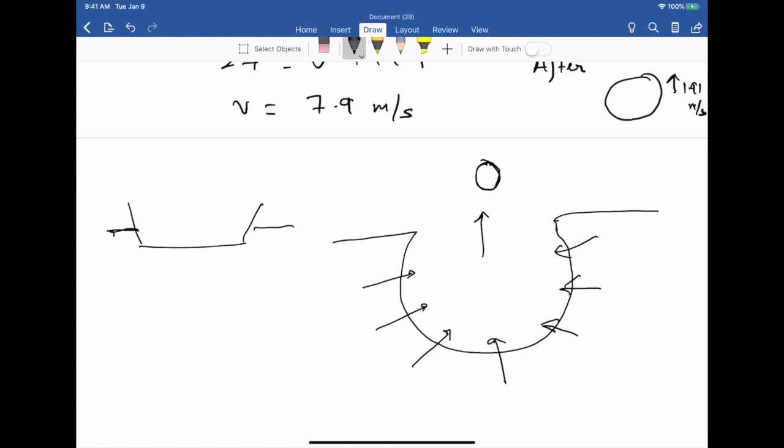A better way of destroying a ship is to have a torpedo which comes in and explodes somewhere underneath the ship. So it doesn't even come in contact with the ship. It creates a huge explosion somewhere underneath the ship, right?